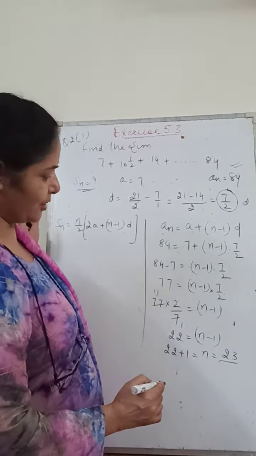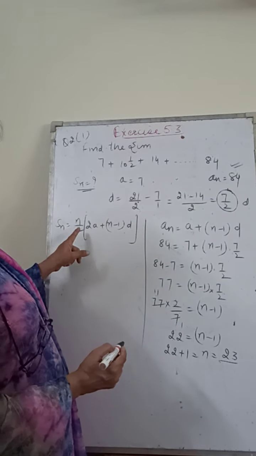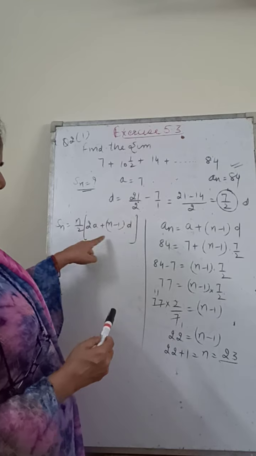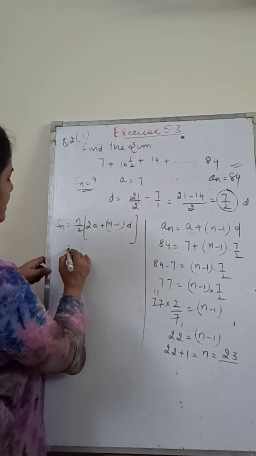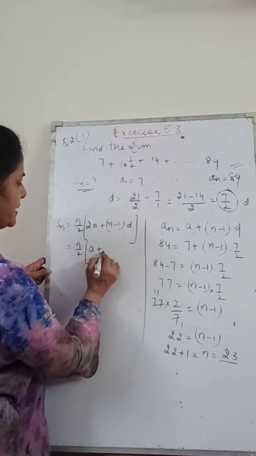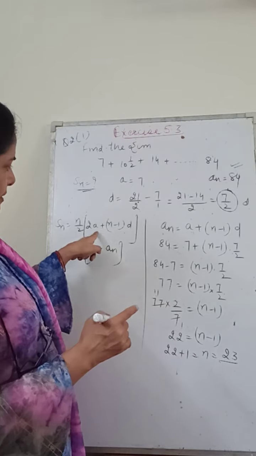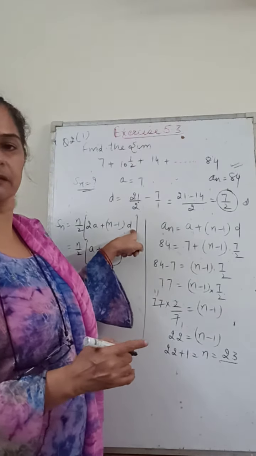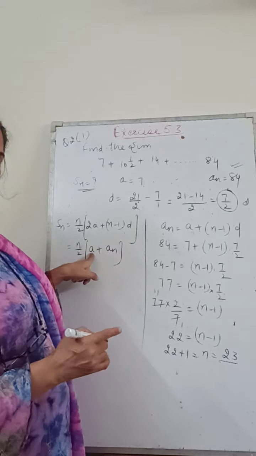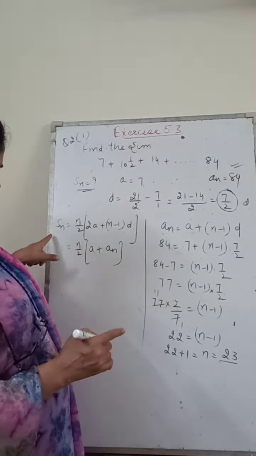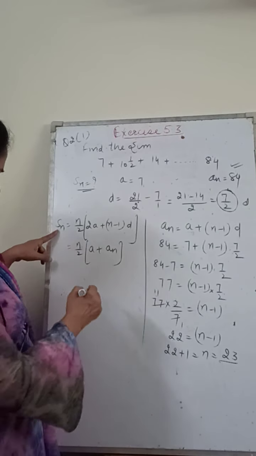Now it is very easy to find Sn. For finding Sn, you can put in this formula or you can put in this formula also. n by 2 into a plus an. I told you two formulas, no? This is easier because in this case you will not have to elaborate the complete expression, right? Because a is there, an is there, n is there, so we can find Sn.